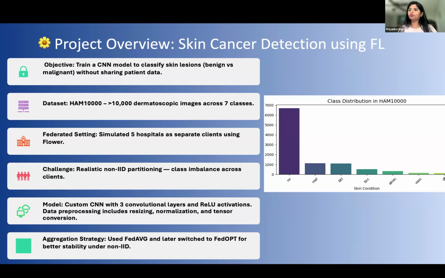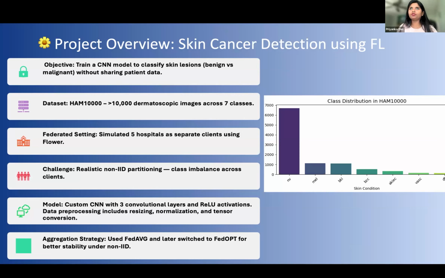The model was a lightweight CNN with 3 convolutional layers and ReLU activations. I applied standard pre-processing steps like resizing, normalization, and tensor conversion. For training, I started with FedAvg as the aggregation strategy, but later moved to FedOpt to better handle the challenges posed by the non-IID nature of the data.